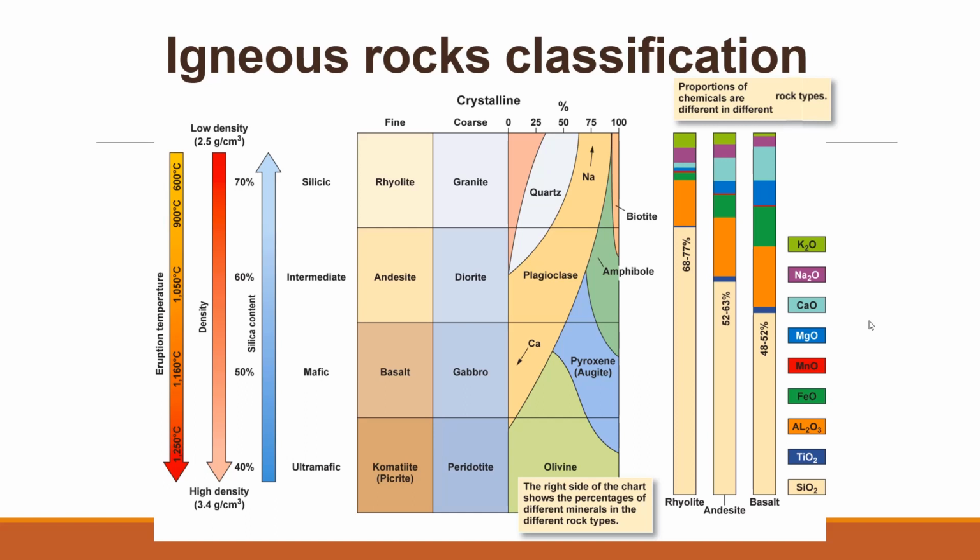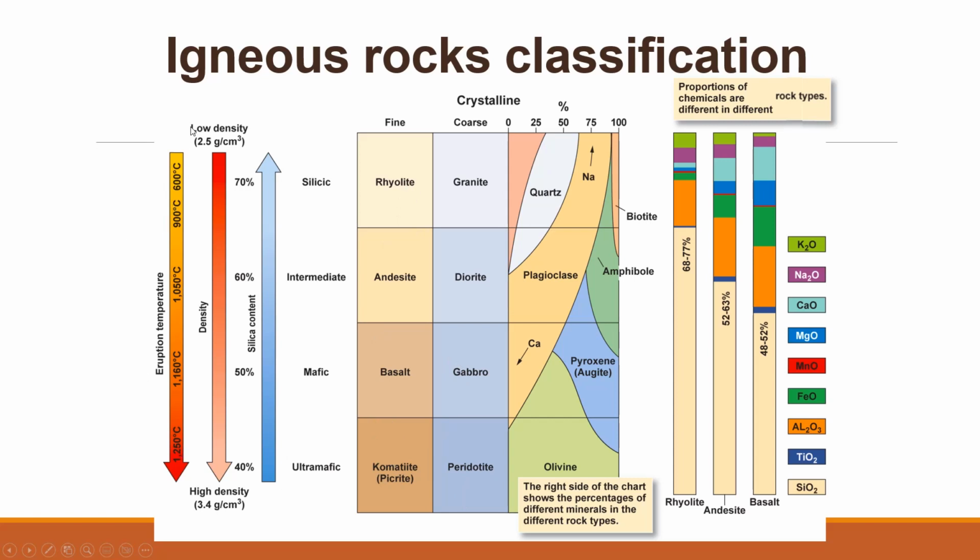I showed you this chart before. I'm not going to walk all the way through it because I walked through it in the rocks lecture, but this is showing you again the silicic is the same as felsic, and this is showing you the aphanitic and porphyritic, and then the rock names for all of these.